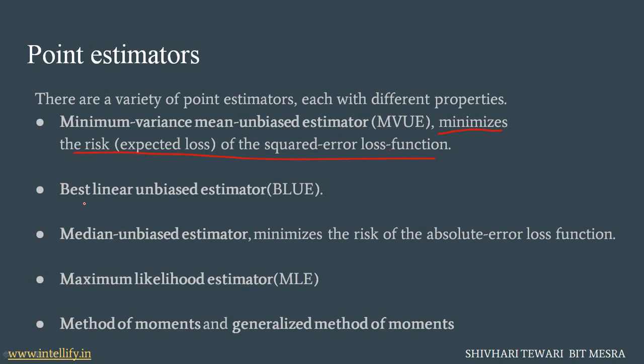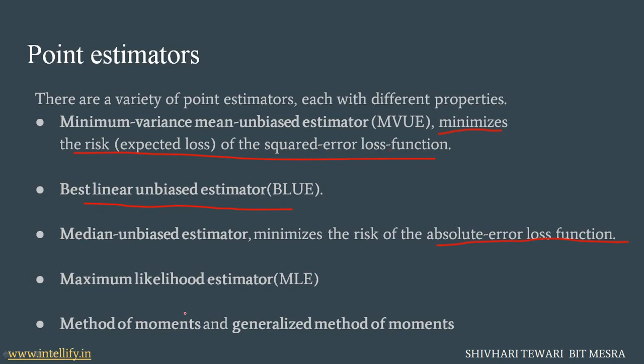After that, there is the best linear unbiased estimator, which is the same as the minimum variance one. The difference is that it is going to give us the best one instead of the minimum variance. Now there is the median unbiased estimator, which minimizes the risk of the absolute error loss function.